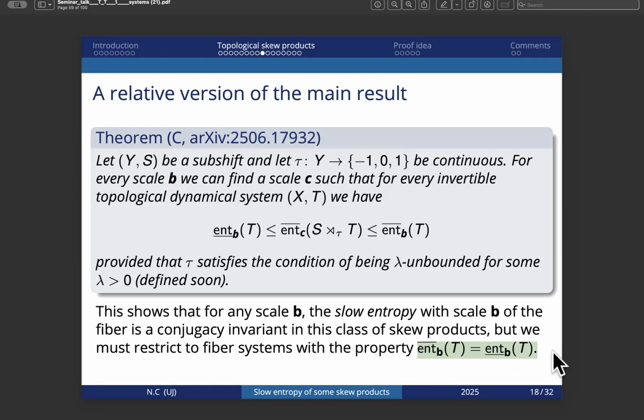But for other scales, something can happen when you take lim sup and liminf. I mean, you may not get the same quantity, but since it is true for the exponential scale, like for typical entropy, yes, the previous result is in some cases a particular case of this one.